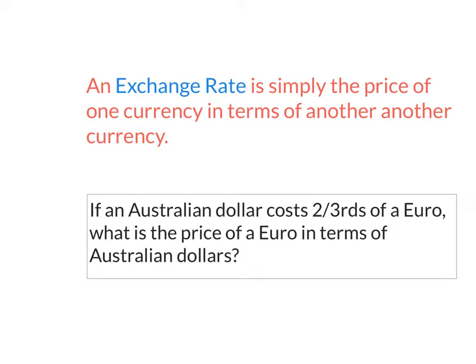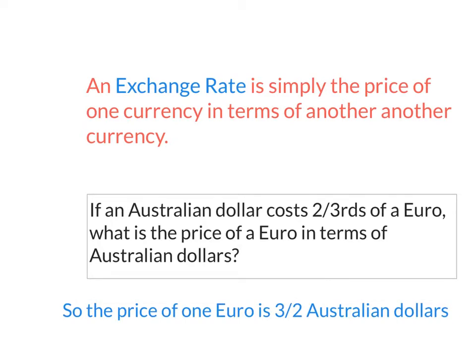Notice that if the price of an Australian dollar in terms of euro is 2/3 of a euro per Australian dollar, we can immediately work out what the price of a euro is in Australian dollars. If it takes 2/3 of a euro to buy one Australian dollar, then we know that with an entire euro, we'll be able to get 3 on 2, or 1.5 Australian dollars.